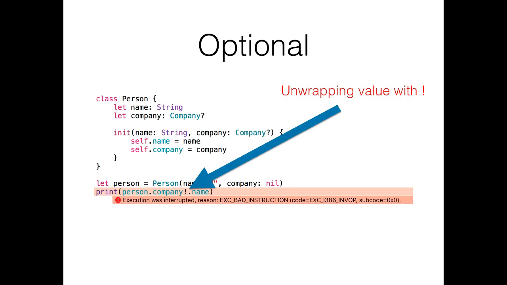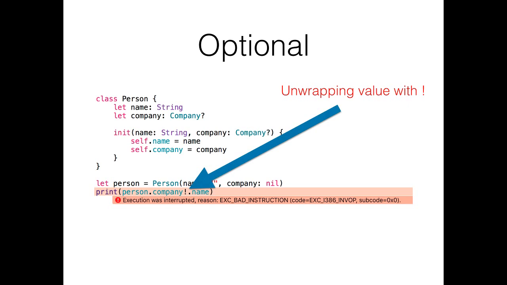Here you are strictly saying to the compiler, hey, I know that this might be nil, but I really want to see what's inside. And in this case, it will crash again, because you are accessing a property that doesn't have a value, and it will be a runtime error. So I said that optionals are good, but they are not really, because they crash every time.